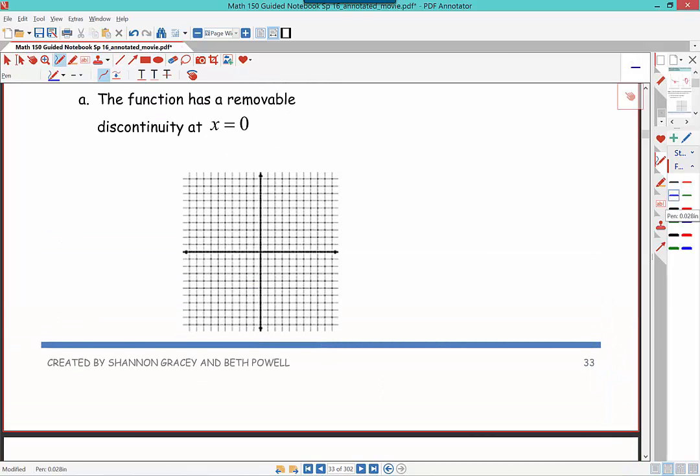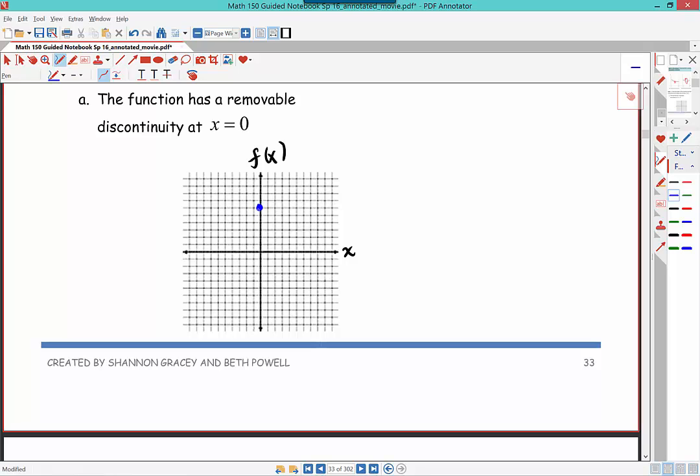Okay, let's see how you did. So if this is x, and let's say that this is f at x, and we want something that has a removable discontinuity at x equal to 0, we could have something along the lines of, I don't know, let's say that we've got something piecewise.